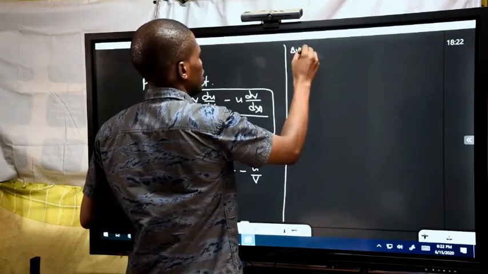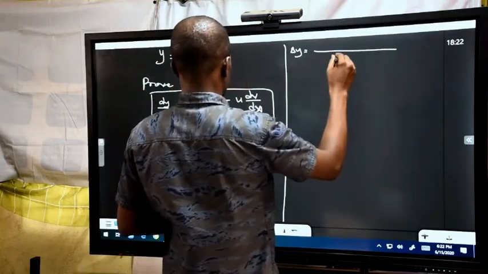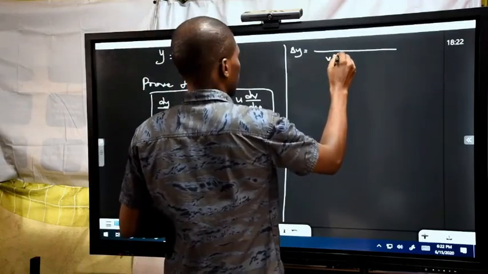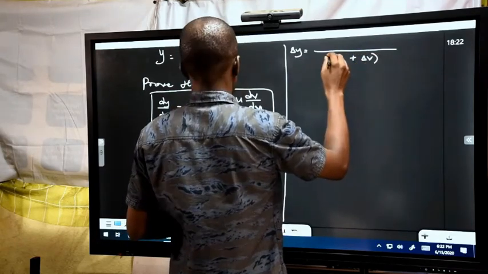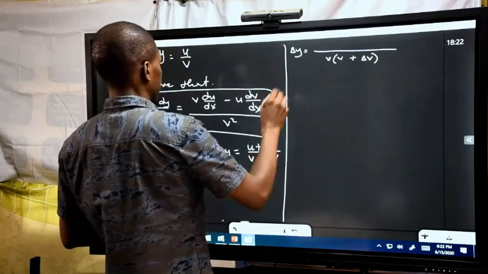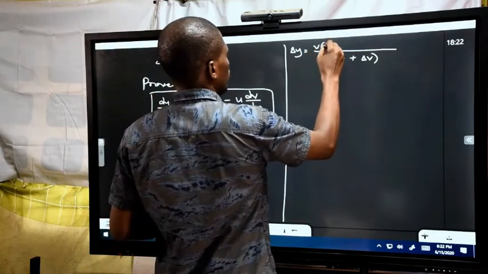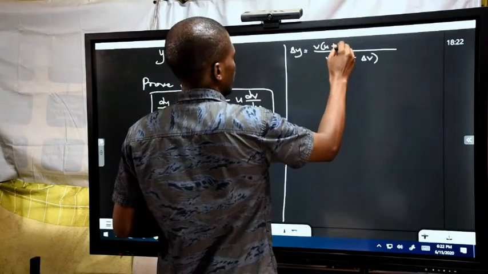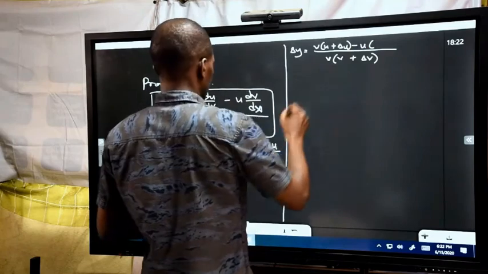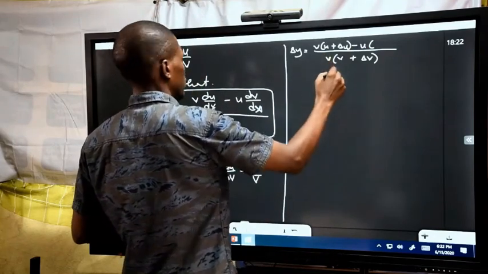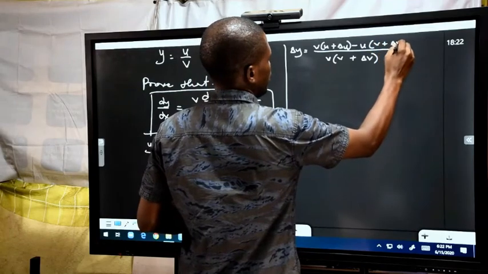So delta y is equal to, the LCM is v in brackets, v plus delta v, close bracket. So we have v in brackets, u plus delta u, close, minus u in brackets v plus delta v.